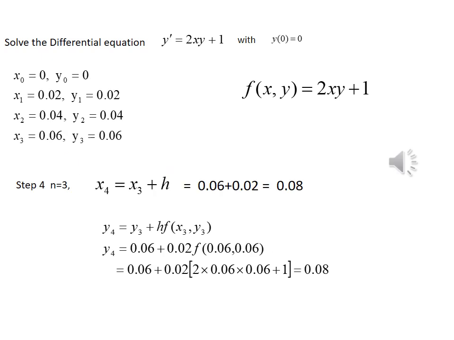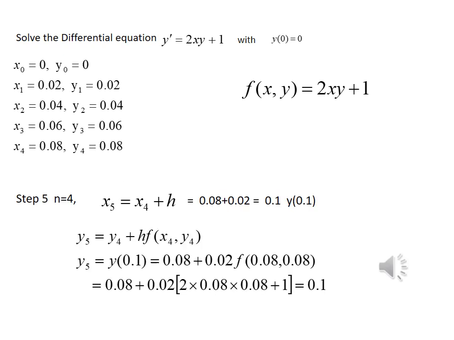So now you have x0, y0, x1, y1, x2, y2, x3, y3. Now you can calculate y4. We have x4 equal to x3 plus h, equal to 0.06 plus 0.02, equal to 0.08. Now you apply the iteration formula. y4 is equal to y3 plus h into f of x3, y3. So y4 is equal to y3 from the previous step, 0.06, plus 0.02 into function of 0.06, 0.06. So we get 0.08.